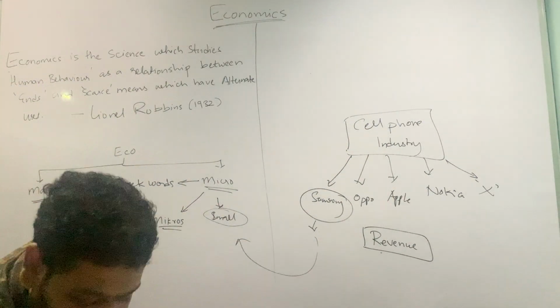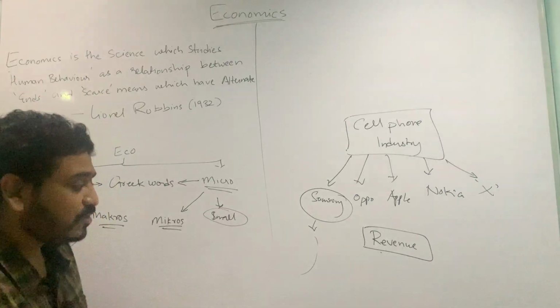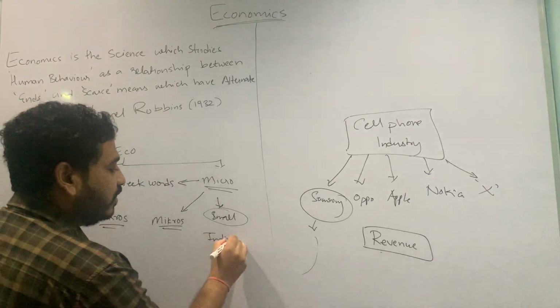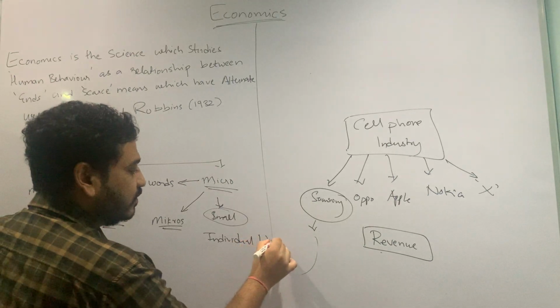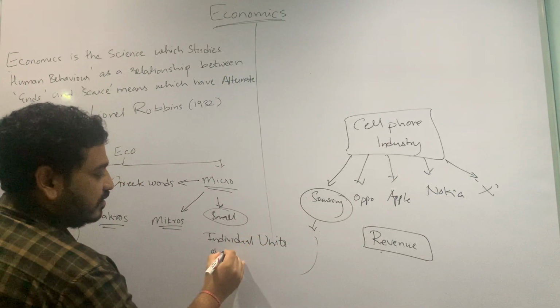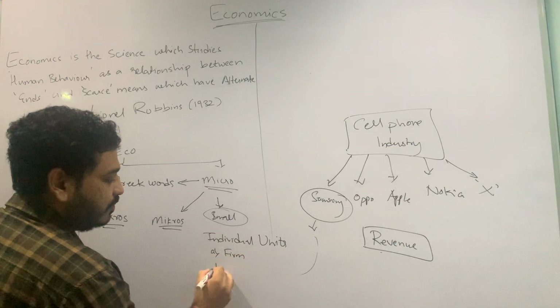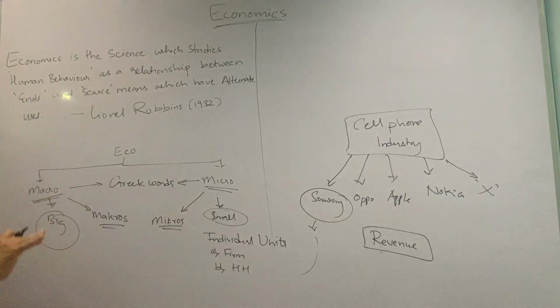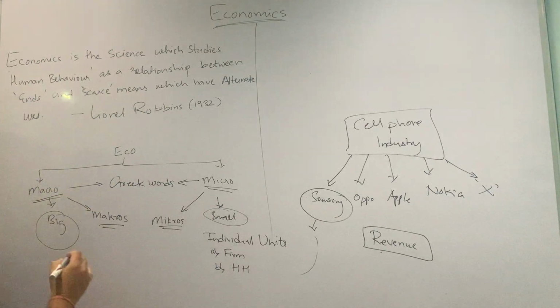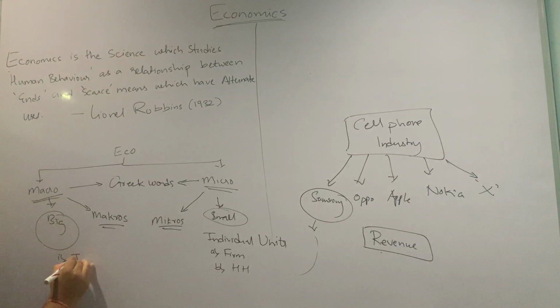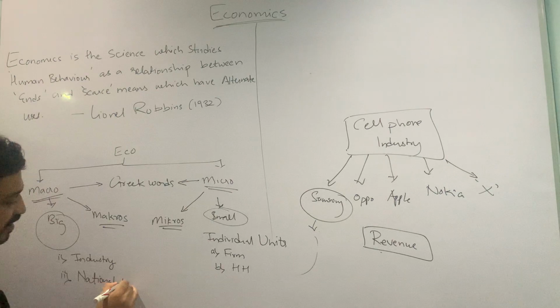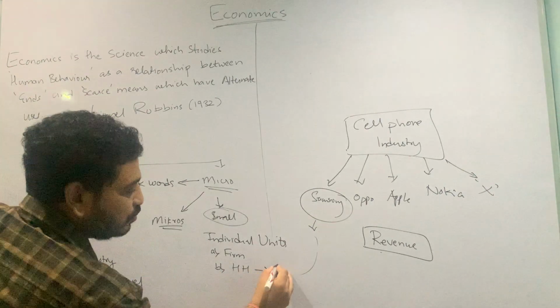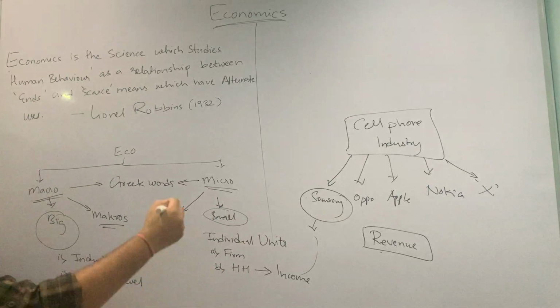Under microeconomics, I am trying to figure out individual units, which can be a firm or a single household. When I look at it on an aggregate or comprehensive level, I'll be studying the entire industry, talking about the national level. So when I talk about a household's income, that study is called a micro level study.